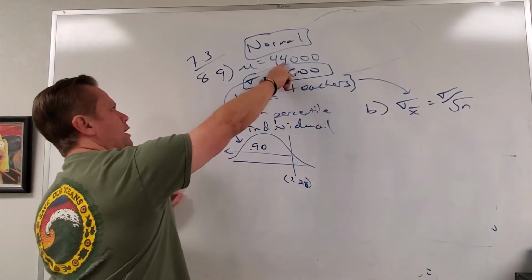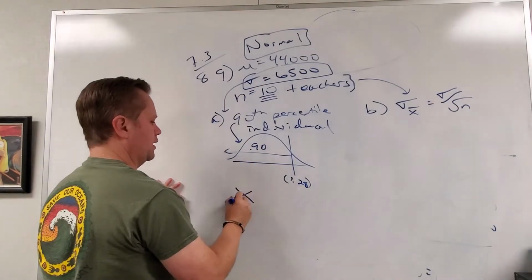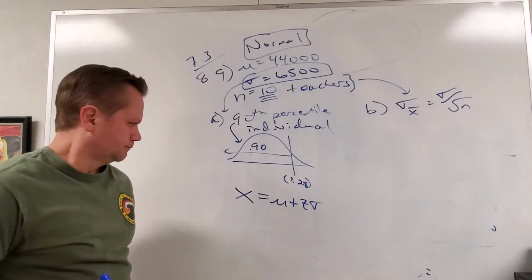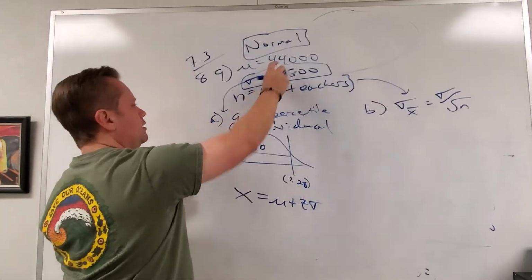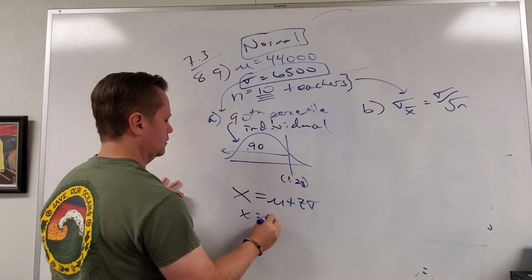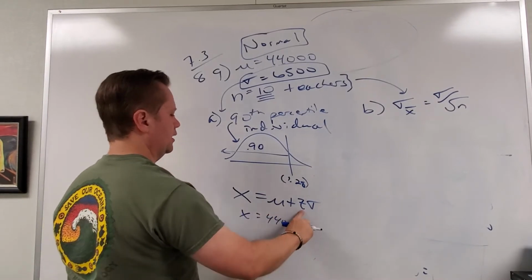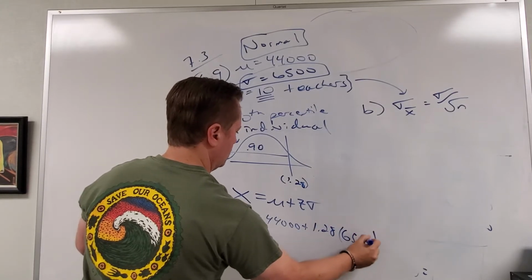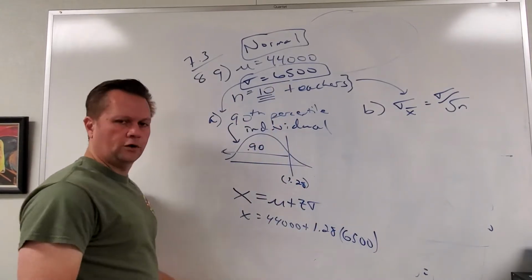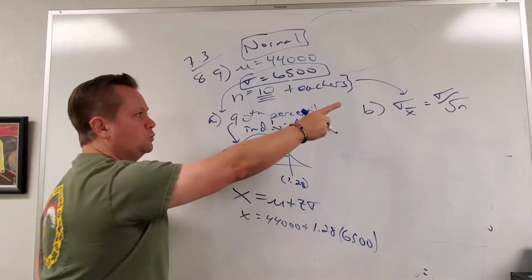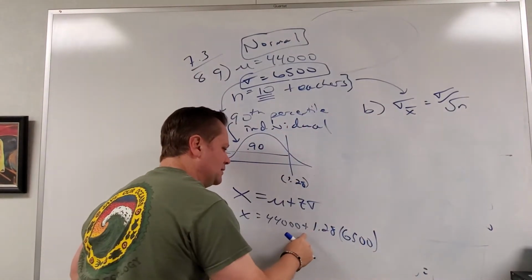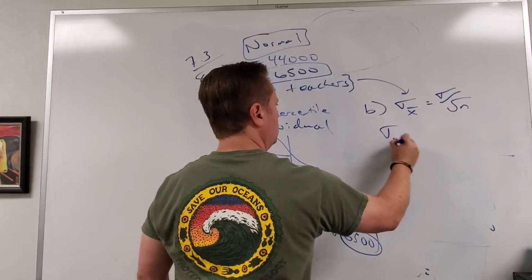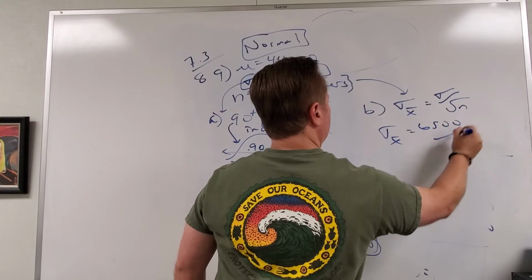If I want to make it back into a salary, I know I've got this formula right there. So I can plug in my 44,000, and then my 1.28, and then my standard deviation, 6,500. This one for part B is going to be exactly the same as this one, except instead of 6,500, you're going to use whatever this comes out to be.